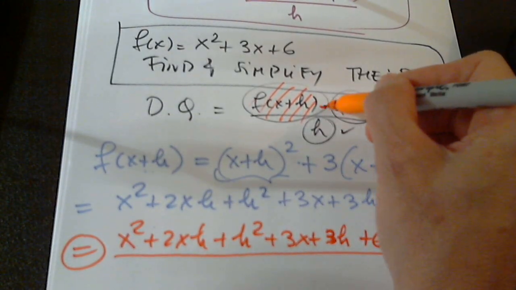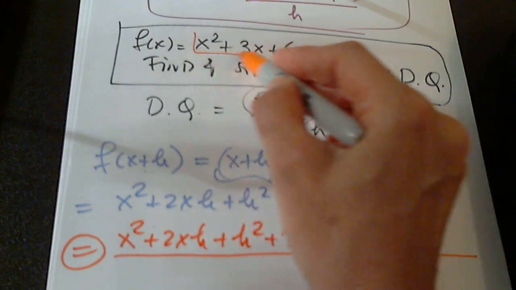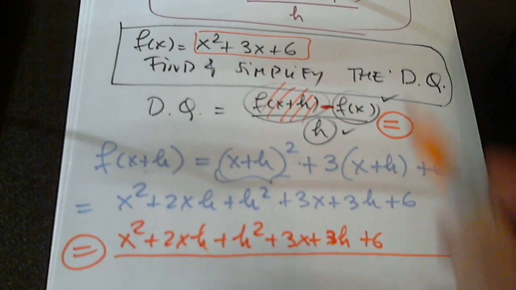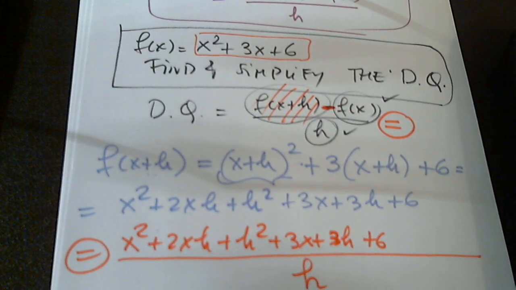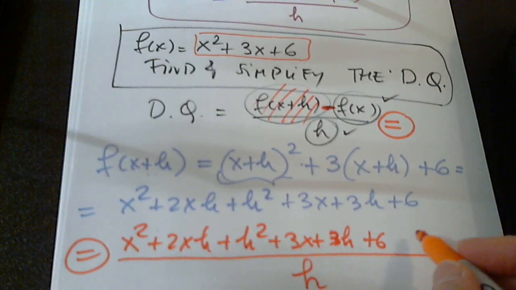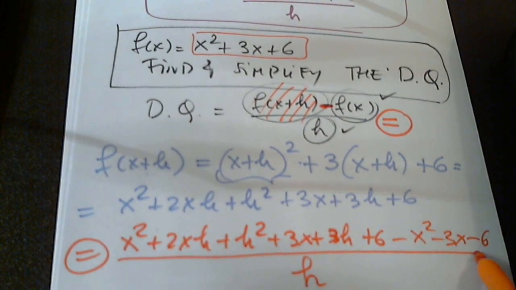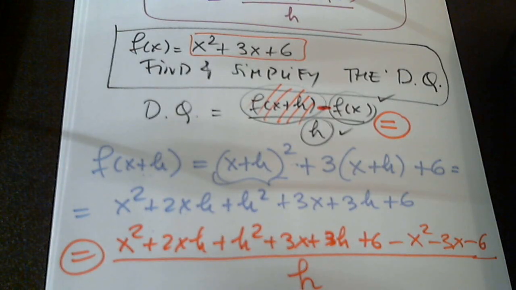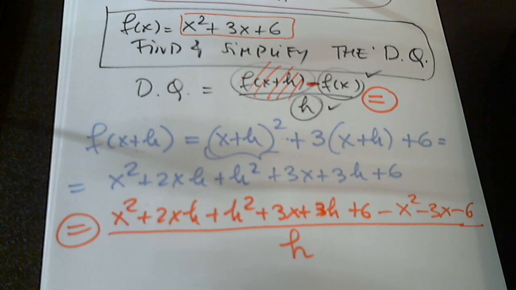Now I reached the minus symbol and f of x, which is this. Can anyone dictate what I should write next? And of course, the denominator is h. It would be minus sign, parentheses, x squared plus 3x plus 6. Very good. Because I'm lazy, I'm going to do it in one step, but what you said is perfect. And then you would just flip all the signs. Yes, I already distributed. Okay. Perfect. Awesome.